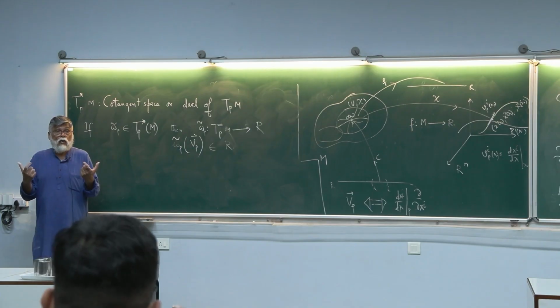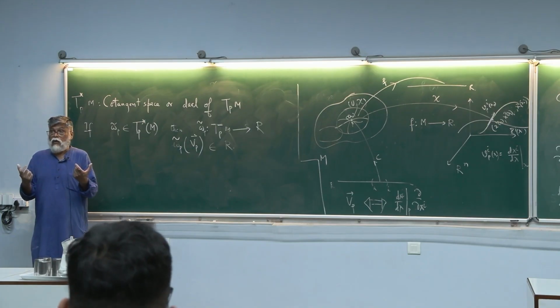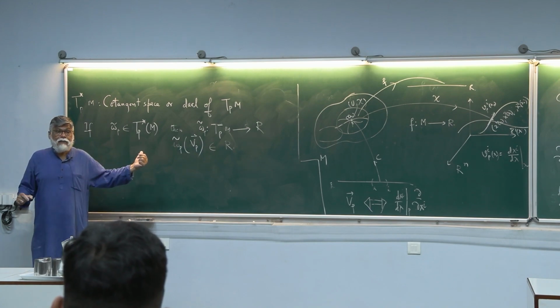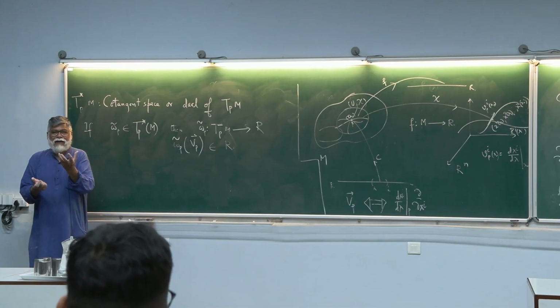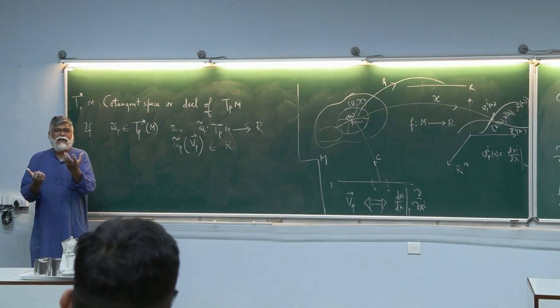Now, we can talk about orthonormal basis and so on, because this takes one vector and produces a real number. So, this in a way gives a notion of inner product.